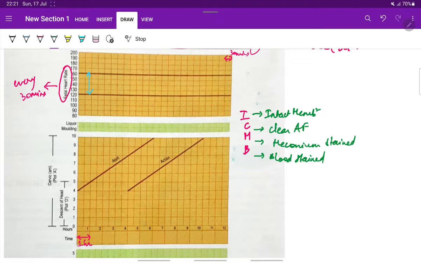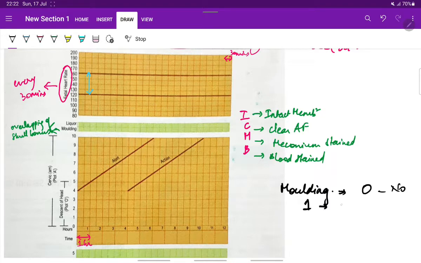The next is molding. Molding is nothing but the overlapping of skull bones over the suture lines, and there are various degrees of molding. If there is no molding, we will write 0.